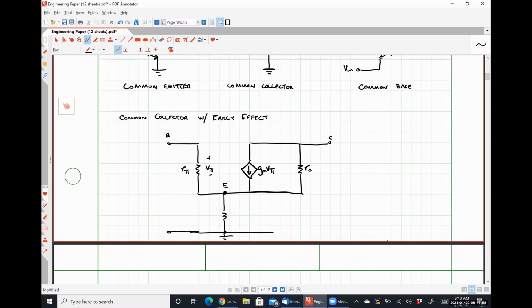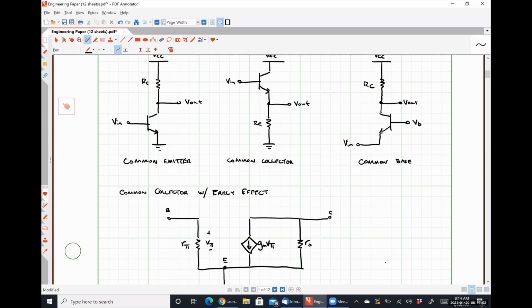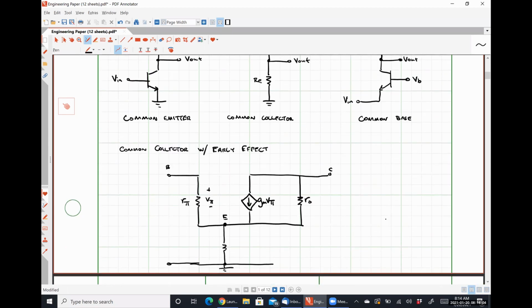The input signal is applied at the base, and it's a voltage between the base and ground. So here is our input signal, and this is going to be our test voltage, in this case Vx, and we're trying to determine that current Ix so that if we take the ratio of those two guys, we have, excuse me, input resistance.